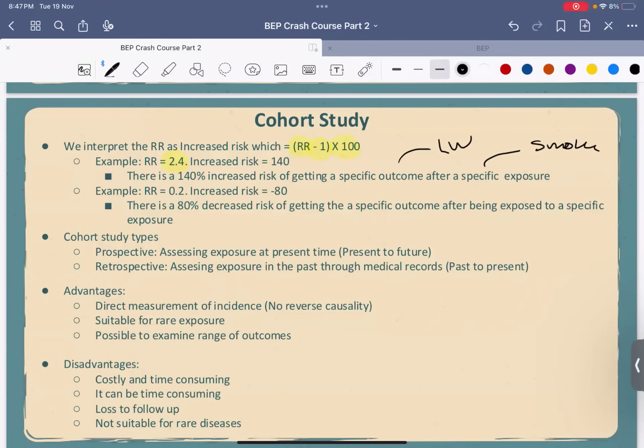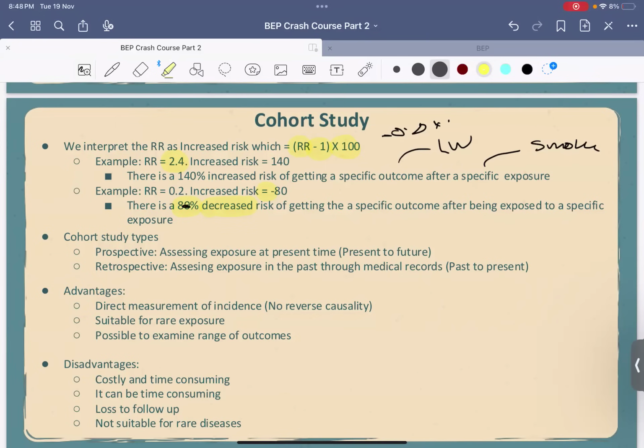Now, let's say, for example, we have a negative association, and the relative risk turned out to be 0.2. Then we put it in the equation: 0.2 minus 1 is negative 0.8, times 100 is negative 80. So now we say that there's an 80% decreased risk, not increased, decreased, because we have a negative value, of getting the specific outcome after being exposed to a specific exposure.